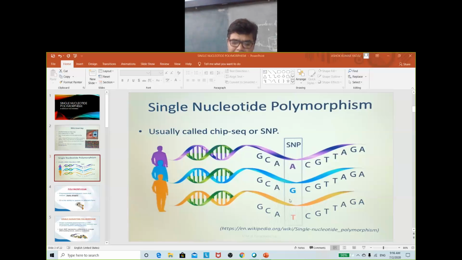So cystic fibrosis is associated with the CFTR gene. There is a defect in the CFTR gene due to which there is cystic fibrosis. The CFTR gene is present on chromosome number 7.